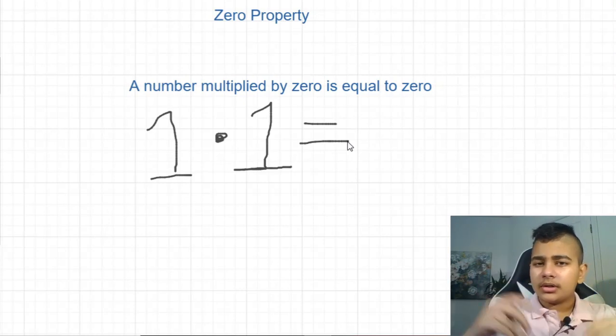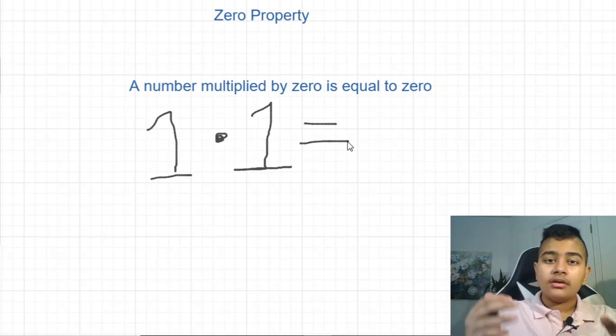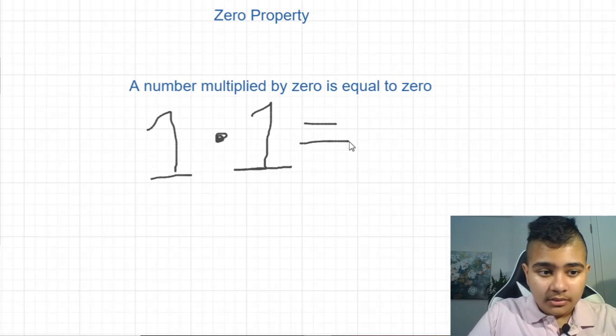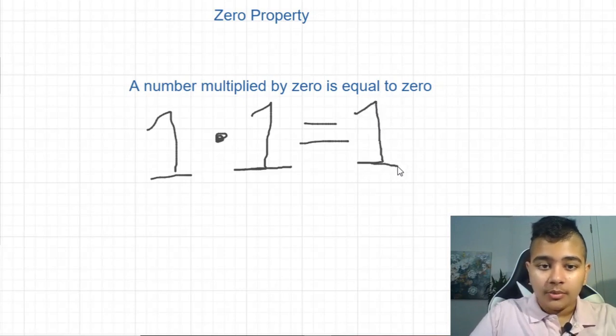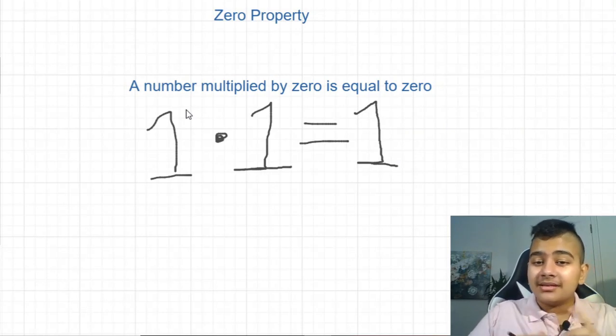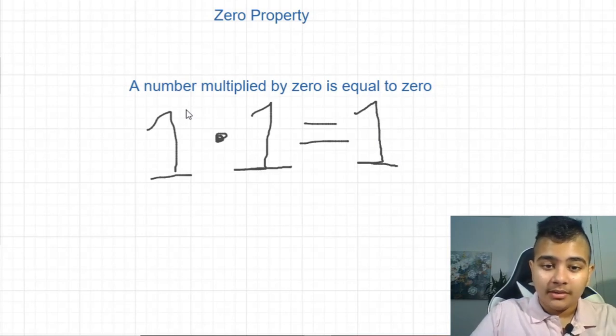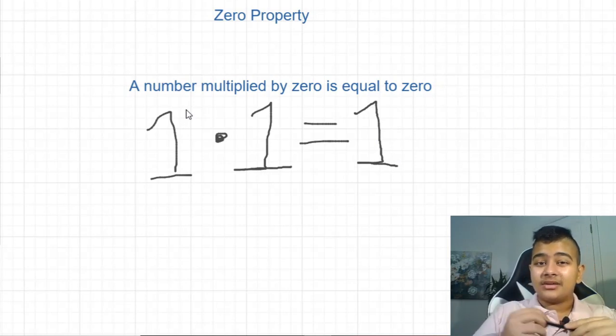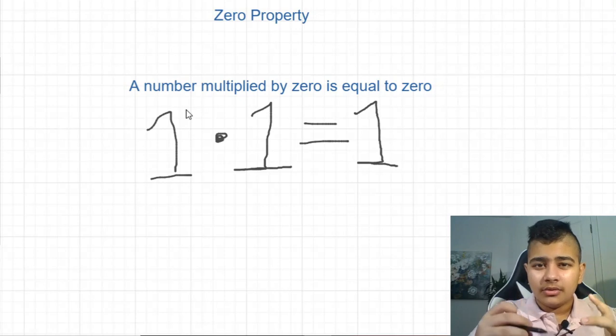So what's 1 times 1? 1 times 1 is actually 1. As you'll see here, based on what we had written up there, a number multiplied by 0 is equal to 0. But a number multiplied by a number here, 1 times 1, is not equaling 0. And these are the two lowest whole numbers that are not zero.